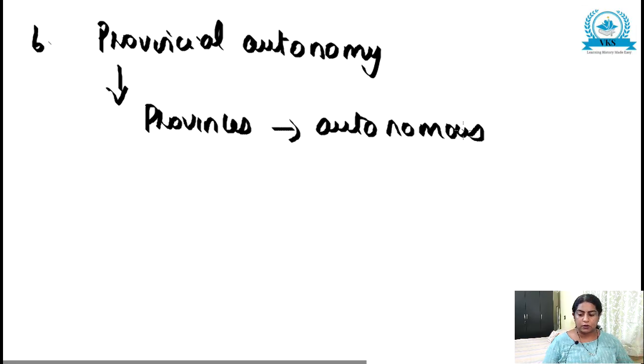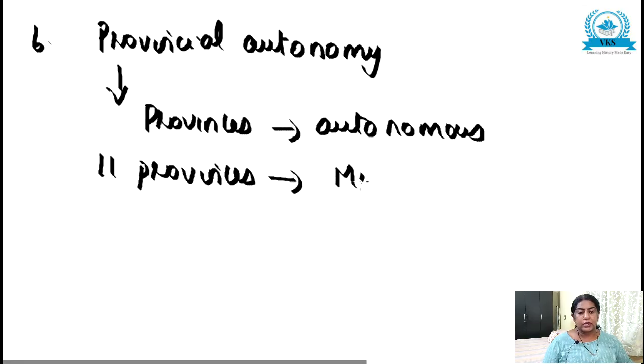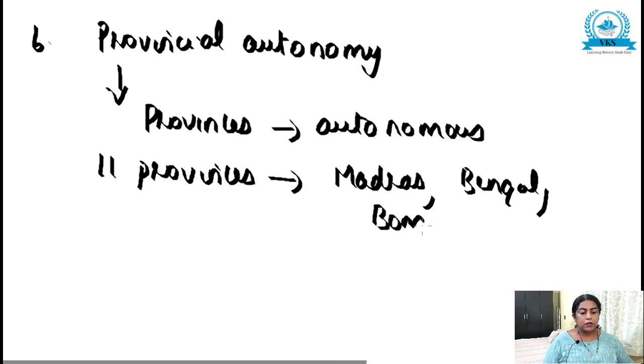And it was introduced in 11 provinces. I'm not telling the 11 names, but it was established in 11 provinces like Madras, Bengal, Bombay, Assam, Northwestern Frontier Province. In all these provinces, provincial autonomy was established.